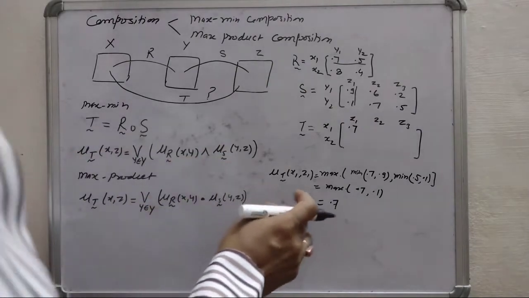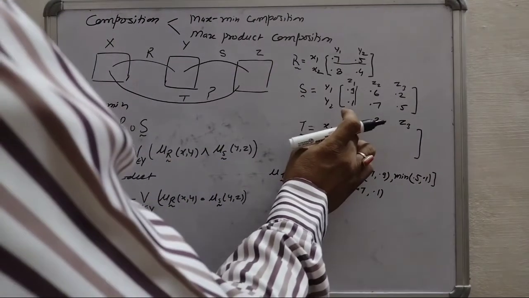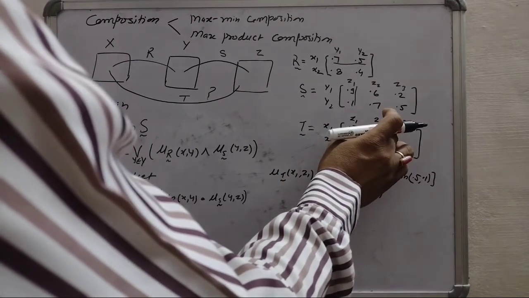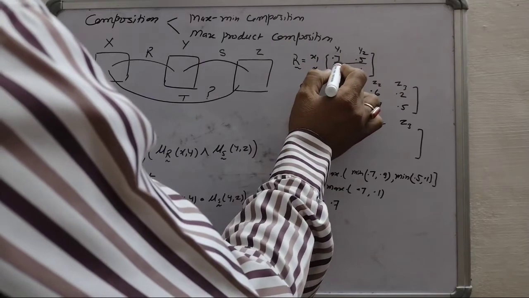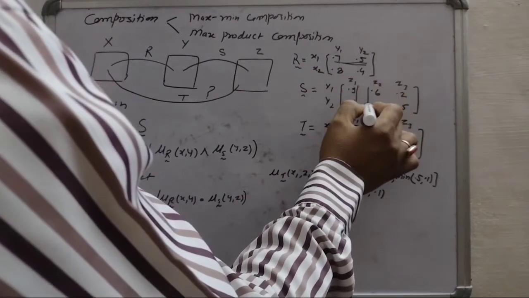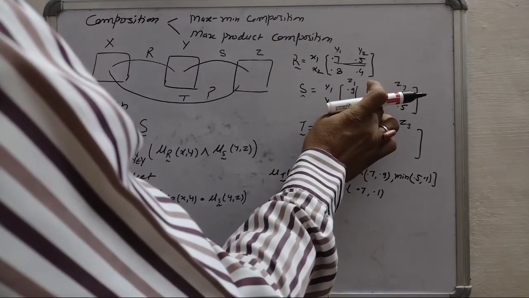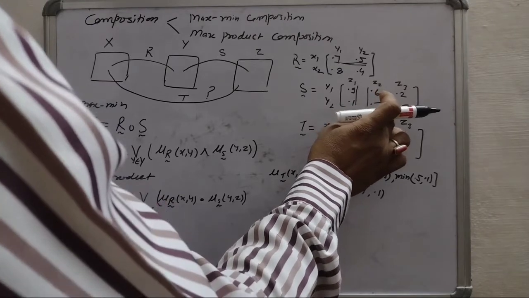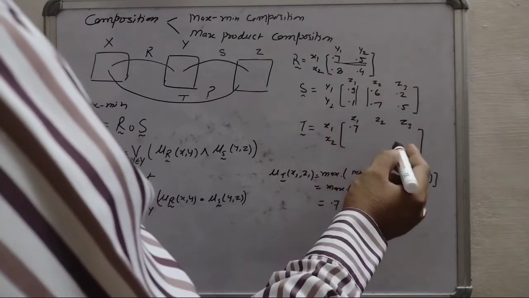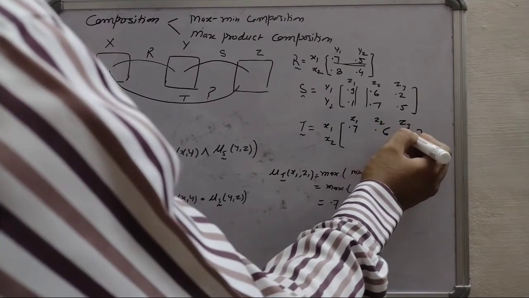So similarly we can find out x1 z2. For x1 z2 what we will do? We will make pairing of this one and this one. So here 0.6, 0.7 and 0.5 and 0.7. So we will get 0.6 here.